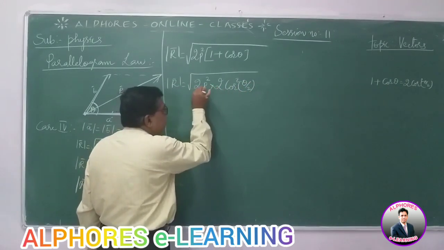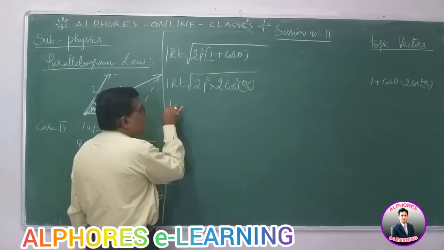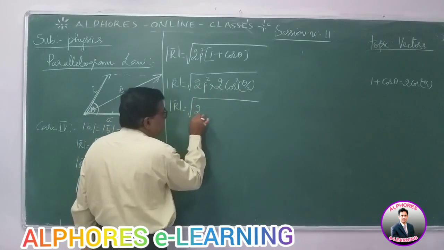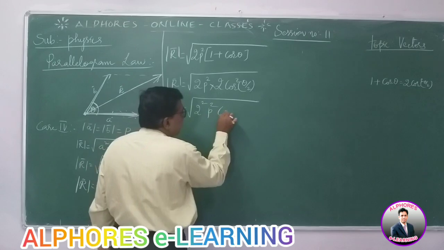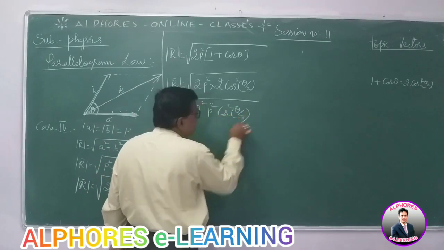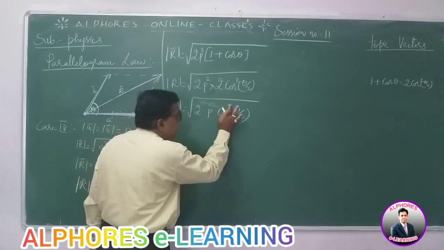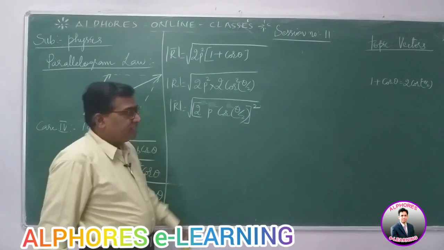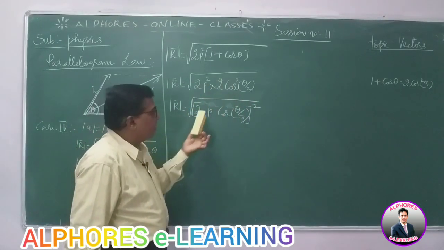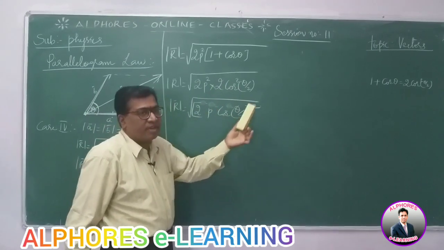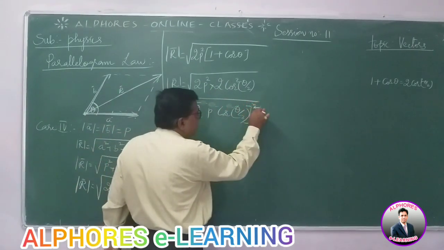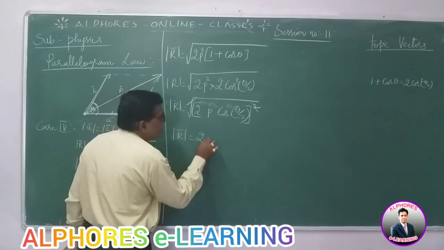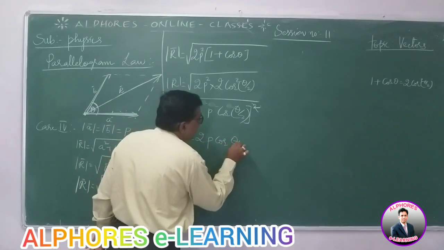Well, 2 into 2, I can write as 2 square. So mod r becomes under root of 2 square p square cos square theta by 2. Taking everything common, whole square, it is 2p cos theta by 2 whole square. Square and root cancel, so you get the resultant as 2p cos theta by 2.